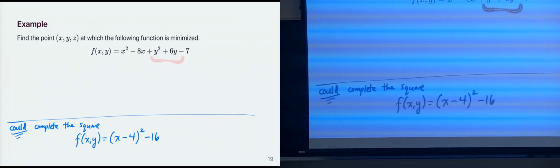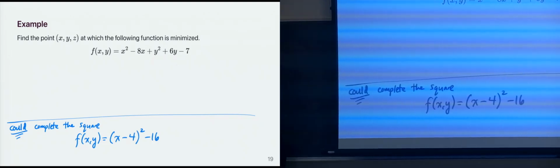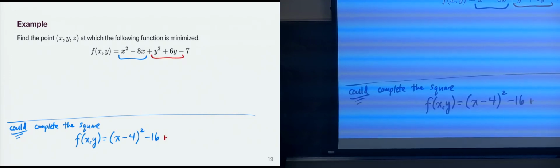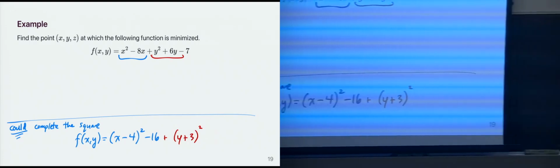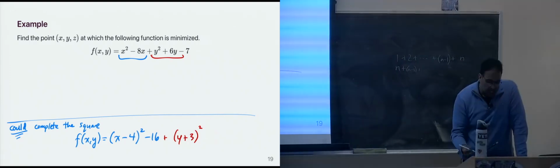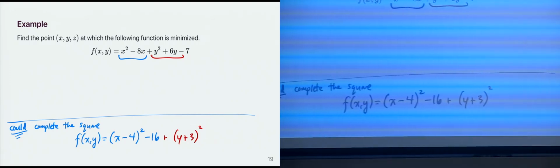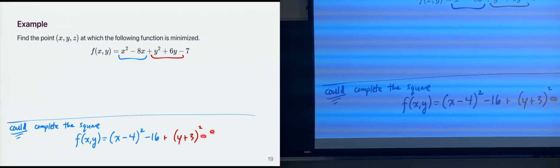Then for the y terms, if I did y plus 3 squared, when I expand this out, I would get y squared plus 6y plus 9. There's an extra plus 9 there. So to compensate, I got to do minus 9. And then I still have that minus 7 all the way back there.